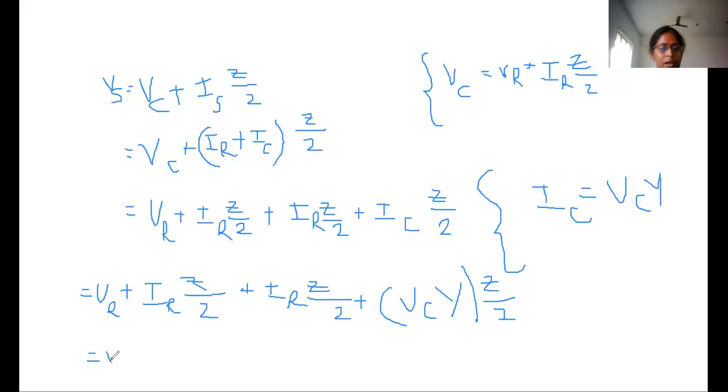So Vr plus Ir into Z plus the Vc value. We know that the Vc value is Vr plus Ir into Z by 2.